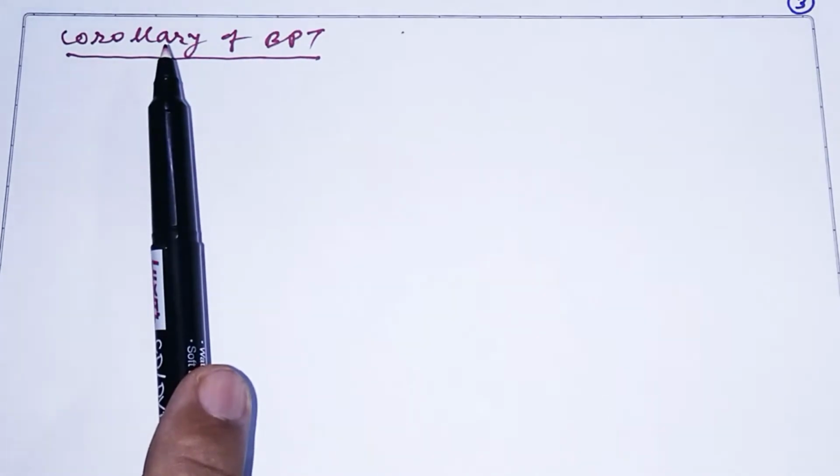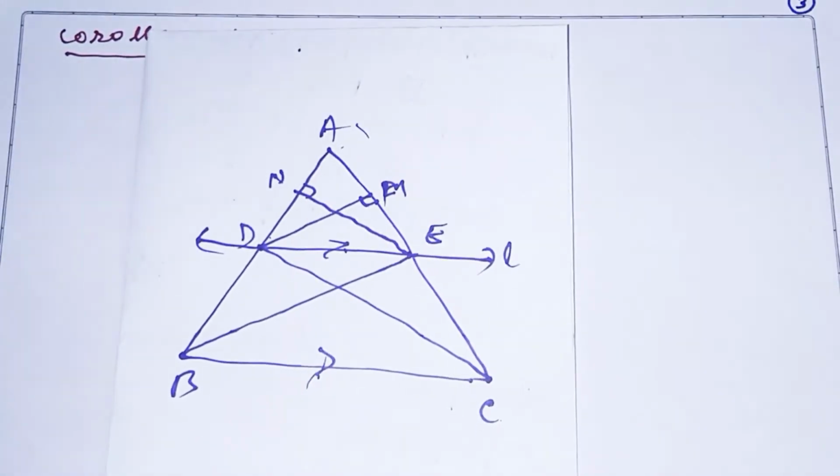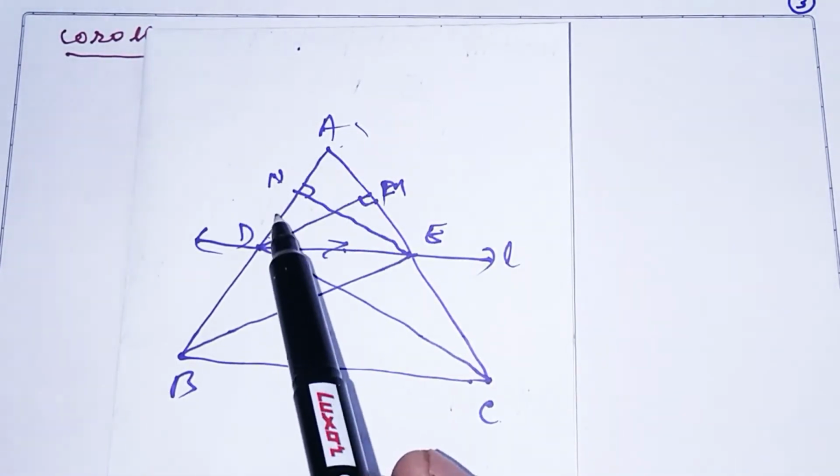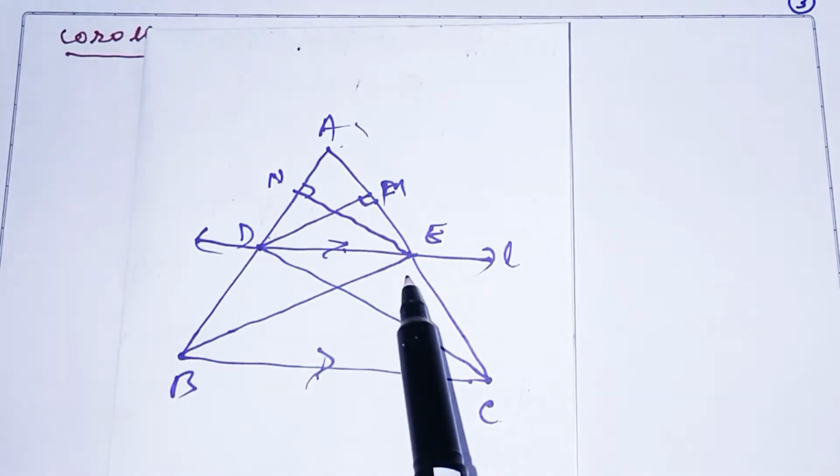Okay, good. Now we are talking about the corollary of BPT. What is the meaning of corollary? Suppose a theorem we have proved, BPT. Look here, we have proved this theorem for BPT, that AD by DB equal to AE by EC.